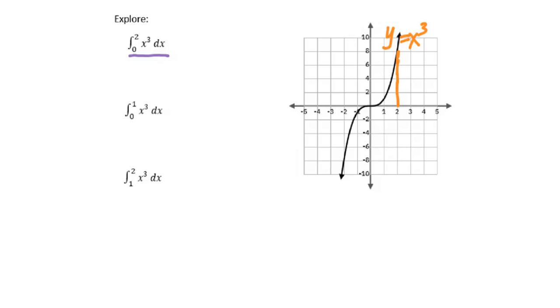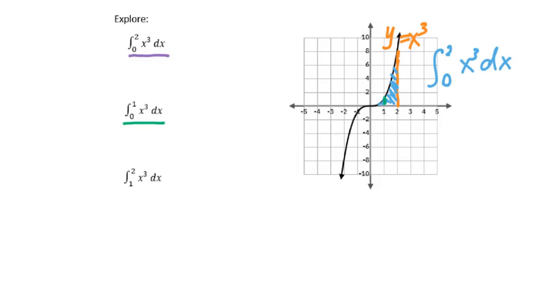So the area under the curve will be this. This is meaning the integral from 0 to 2, x to the third power dx. For the second one, the definite integral from 0 to 1 of x third power dx, it will be this.